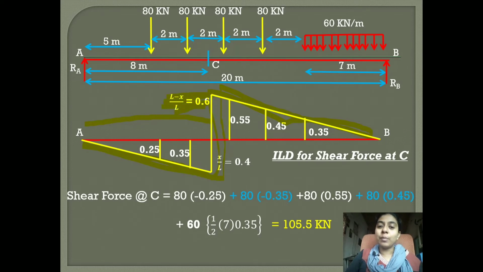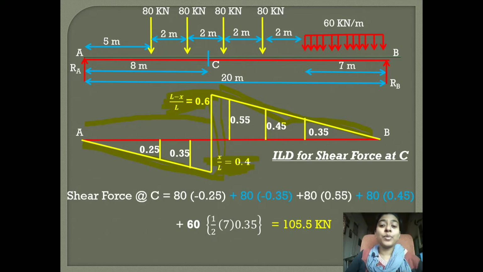At 8 meters you will have the positive ordinate as L minus x by L. Substituting L equal to 20 and x equal to 8 meters, we get the ordinate as 0.6. The negative ordinate is x by L, that is equal to 0.4. If you add these both, you should get 1.